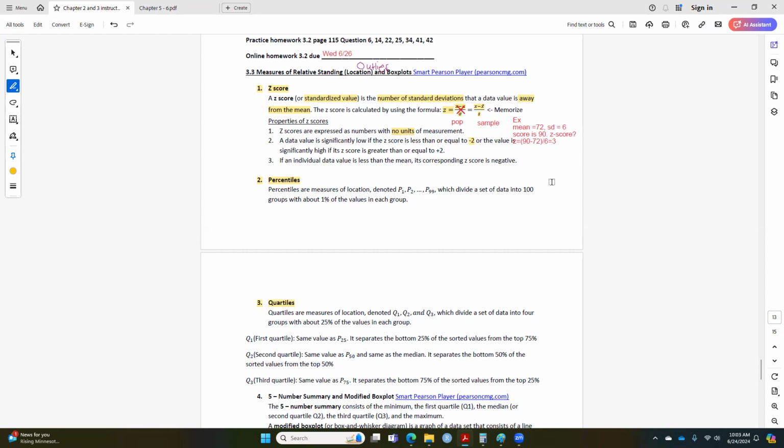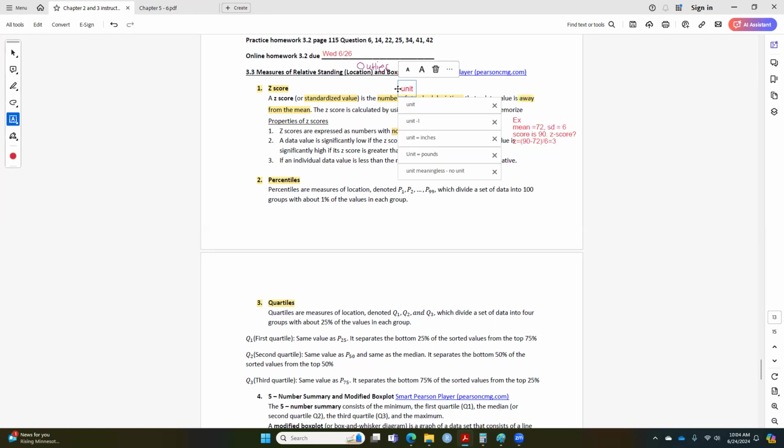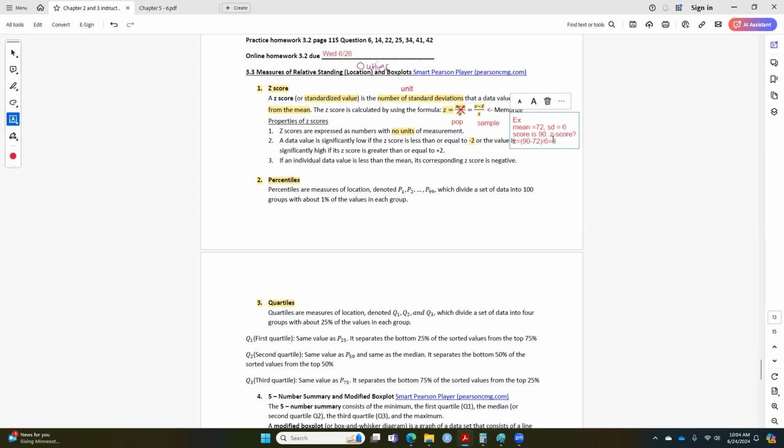The only unit you could use for a z-score is the number of standard deviations. So if you find the z-score, in our example 3, this is 3 standard deviations.